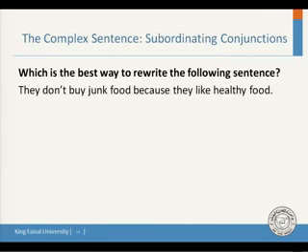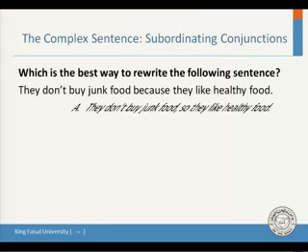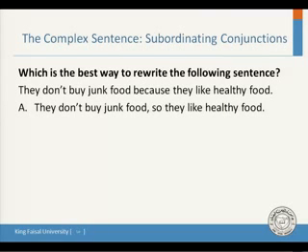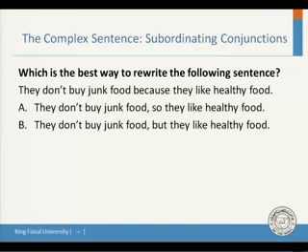We want to rewrite it, but you have to keep the same meaning. Look at A. They don't buy junk food, so they like healthy food. Think about it. They don't buy junk food, but doesn't mean because. B is incorrect.